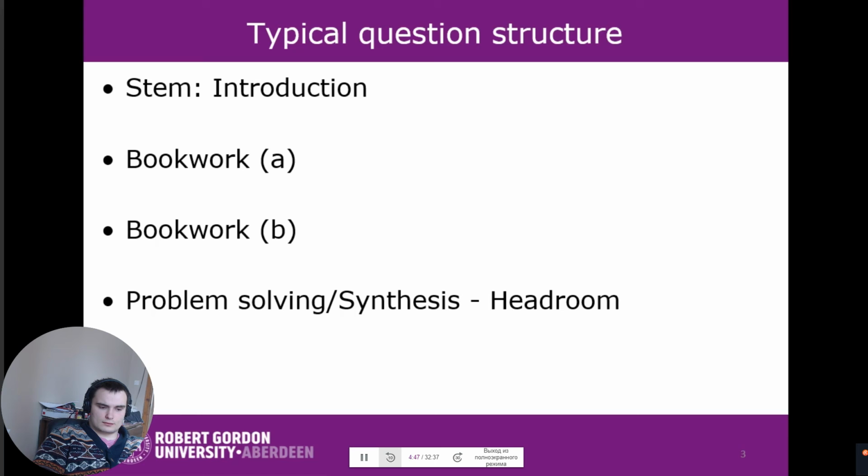So typically a question might have bookwork A, 5 marks, bookwork B, 5 marks, and then problem-solving synthesis, 15 marks. I have also been known to cheat, and if people produce some really good headroom answers, I will steal marks from other bits to put in there. But that also allows you to be creative and to be open.